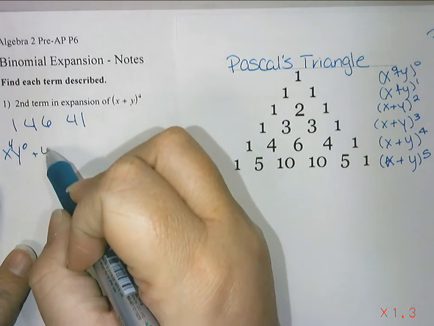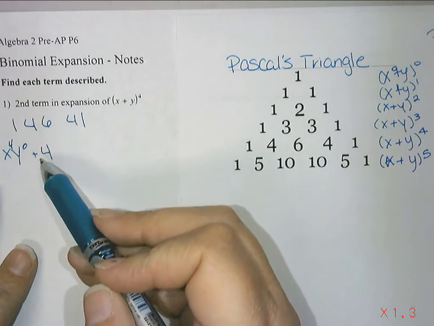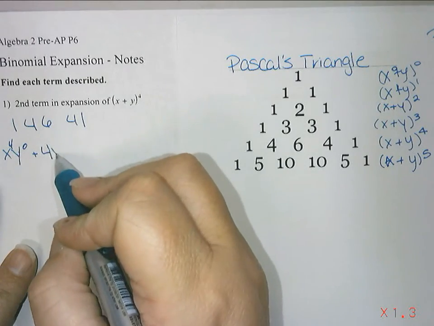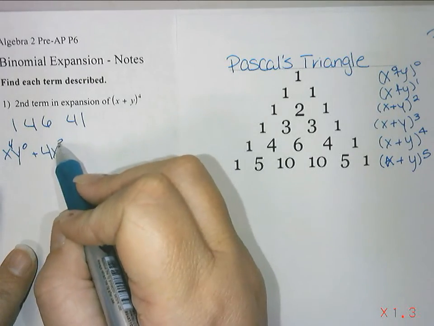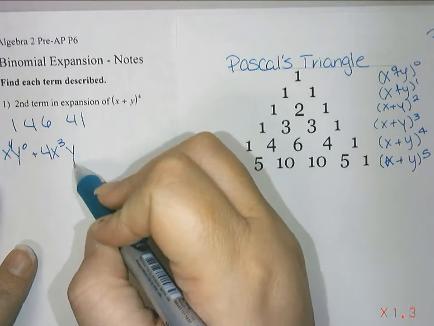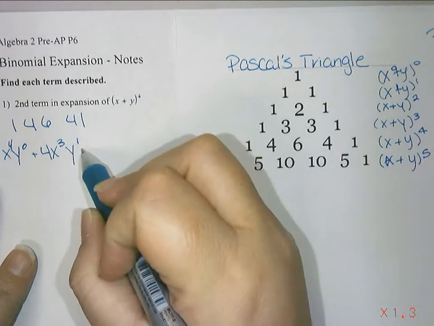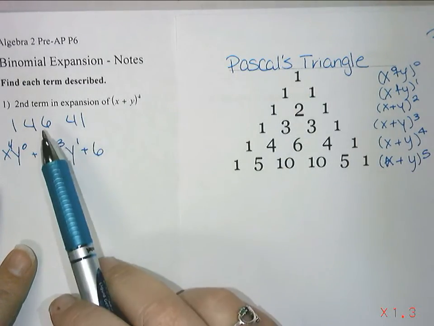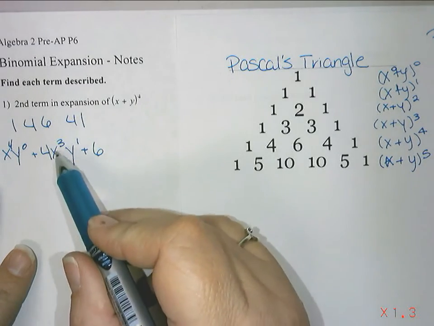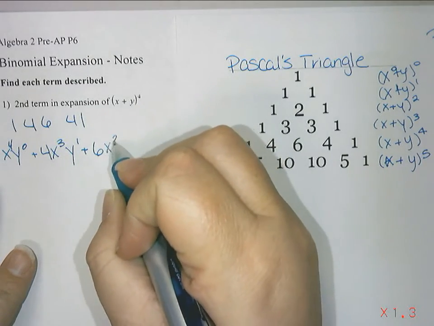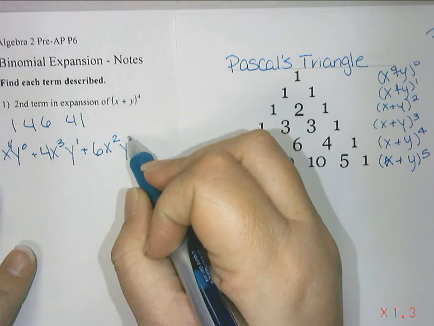So here we're going to count down from our x's, so then we have a 4 here in the front as our coefficient. We have x. It was a 4, now it becomes a 3. And then y now becomes a 1. And then we have our next coefficient, which is our 6. Our x goes from 3 down to 2, and then our y goes up from 1 to 2.